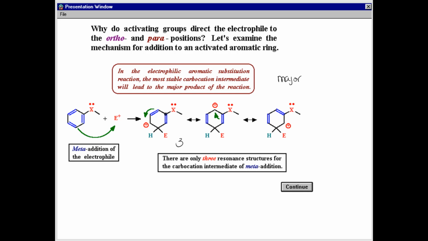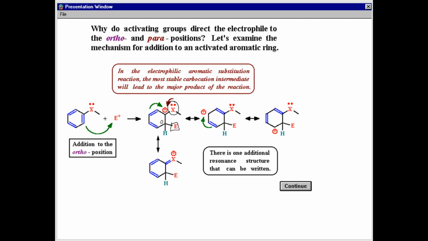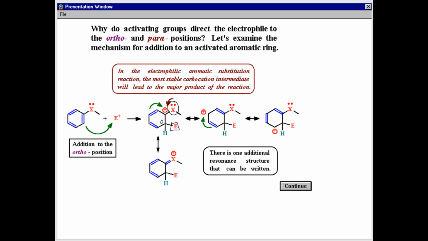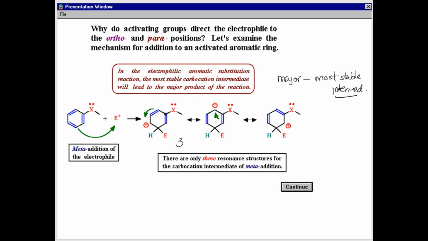The major product of this reaction is formed from the most stable intermediate. And so if you have 4 resonance structures versus 3 resonance structures, 4 resonance structures is more stable, so that'll favor the ortho addition over the meta position.